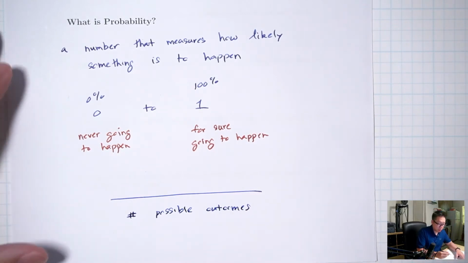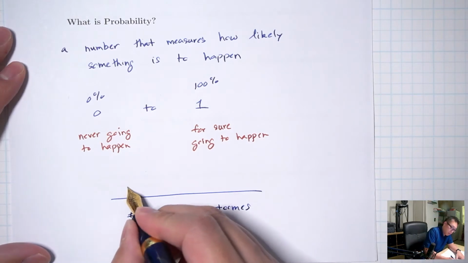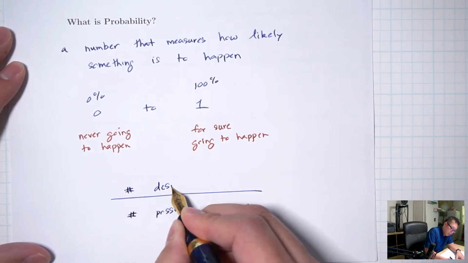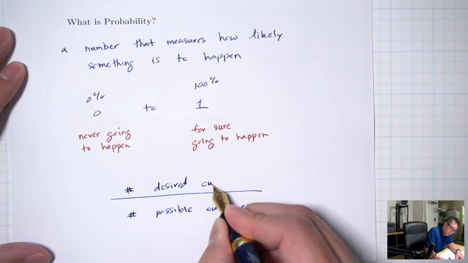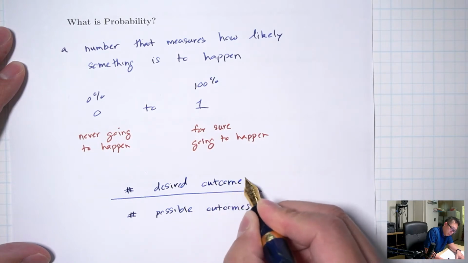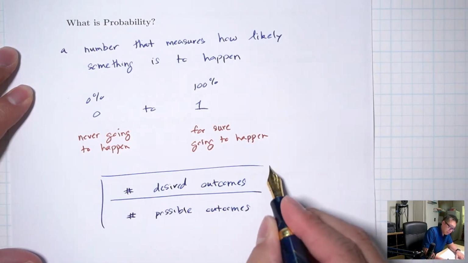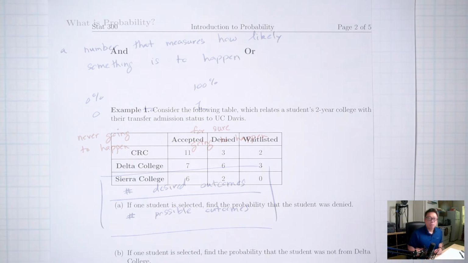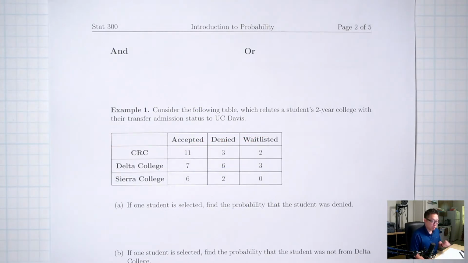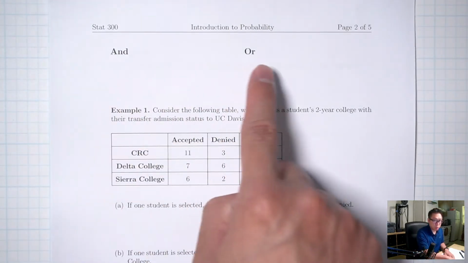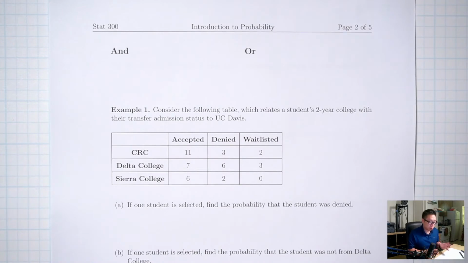And on top, you're going to count the number of desired outcomes. And this is going to make more sense once we talk about some examples. Okay, what I want you to pay attention to today are the words "and" and the word "or." Okay, so I'll give you more details once we encounter these words in a problem.